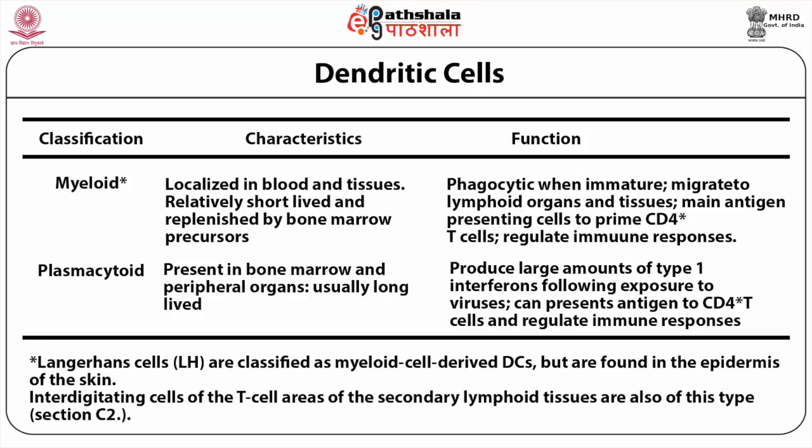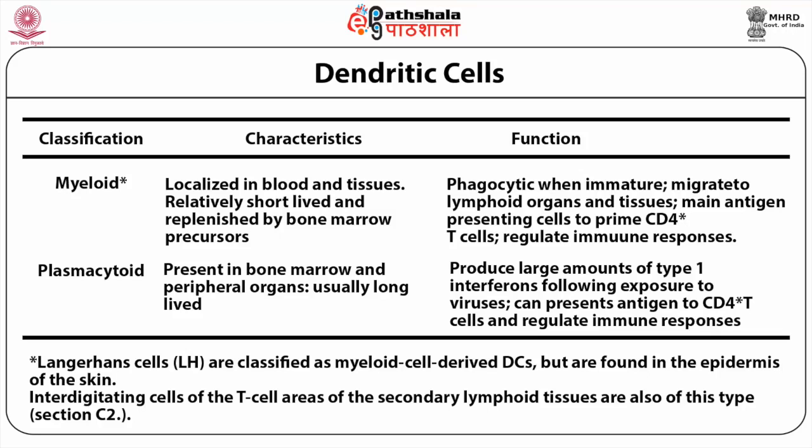Surface markers on dendritic cells include mannosyl fucosyl receptors, toll-like receptors, NOD-like receptors, RIG-I-like receptors, scavenger receptors. Plasmacytoid dendritic cells have TLR10.